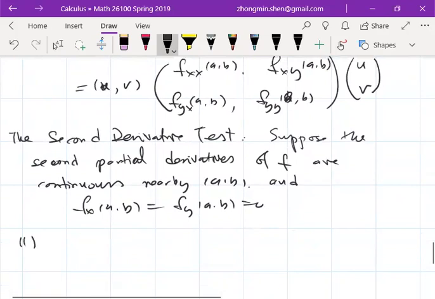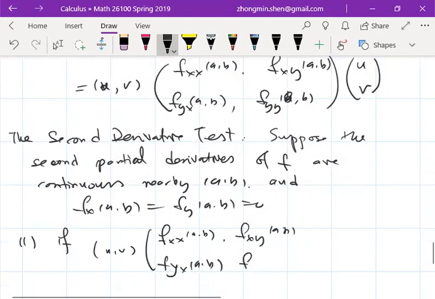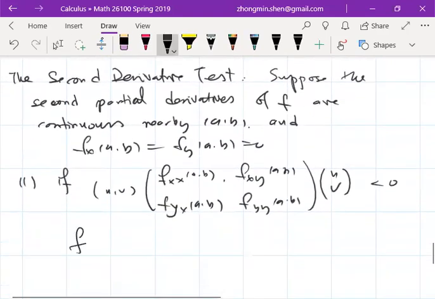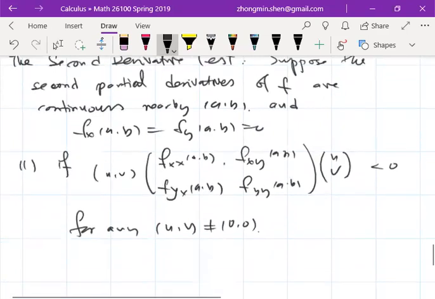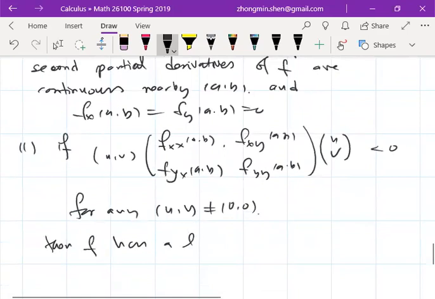So the first one: if that matrix, let me put the details, if that matrix at (a, b) is always negative for any u and v not equal to 0, then f has a local maximum value at that particular point.